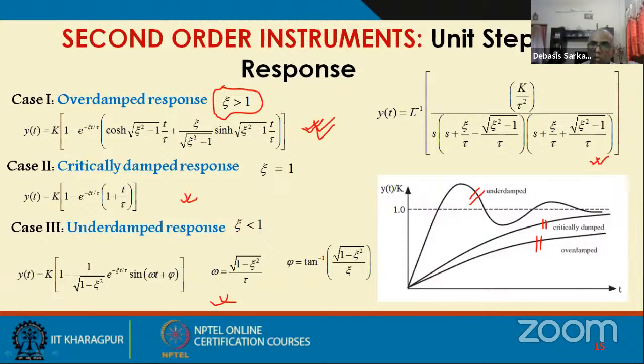But for overdamped response, there are no oscillations. But you look at, for the overdamped response, it takes very, very long time to reach the final output. But underdamped response quickly reaches the final output, but then starts oscillating around it.